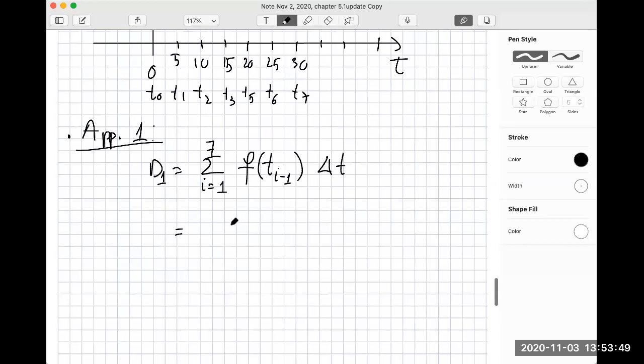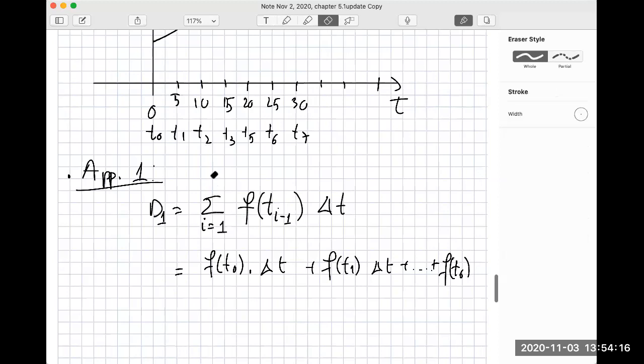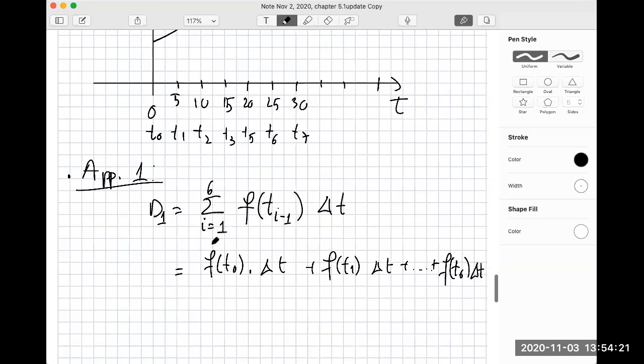It will be f of T0 multiplied by delta T plus f of T1 delta T plus etc., until f of T6 delta T. Sorry, it runs from i equal to 1 to 6.